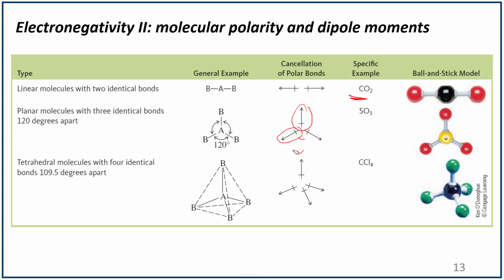And we have also discussed carbon tetrachloride, carbon tetrafluoride and methane. Similar to carbon tetrafluoride, carbon tetrachloride has 4 polar bonds, but overall it's a nonpolar molecule because those bond dipoles cancel each other out.